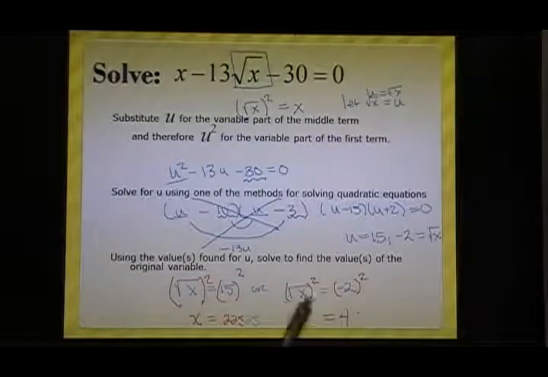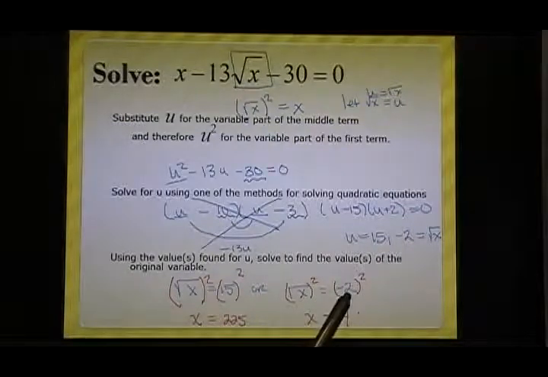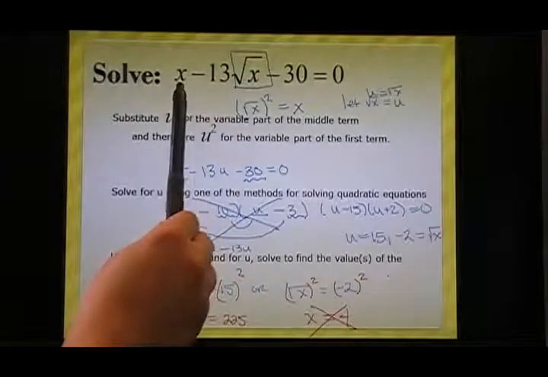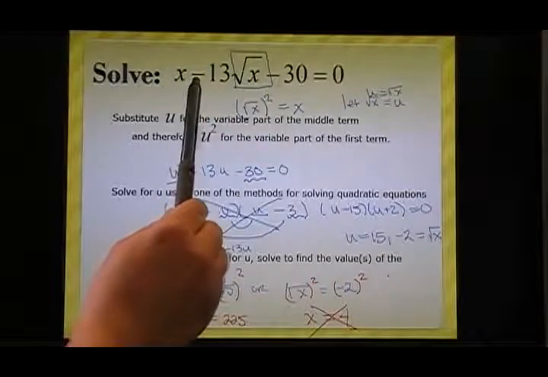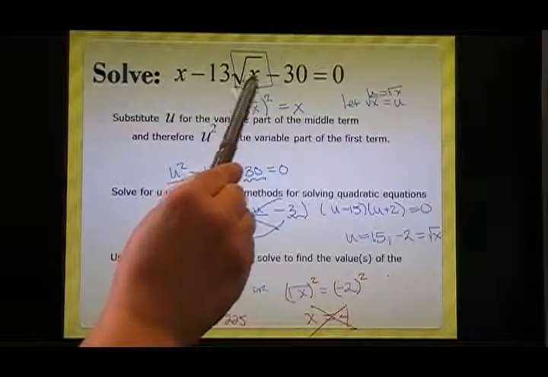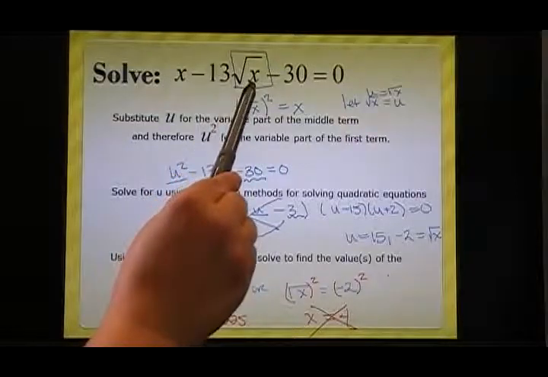But 4 really isn't a solution to this, because if you go back and check, is it true that the square root of 4 is equal to -2? No, it is not. 4 is actually an extraneous solution. If you plug it into the beginning, it won't work either. If you have 4 minus 13 times the square root of 4, the square root of 4 is 2, and 13 times 2 is 26.